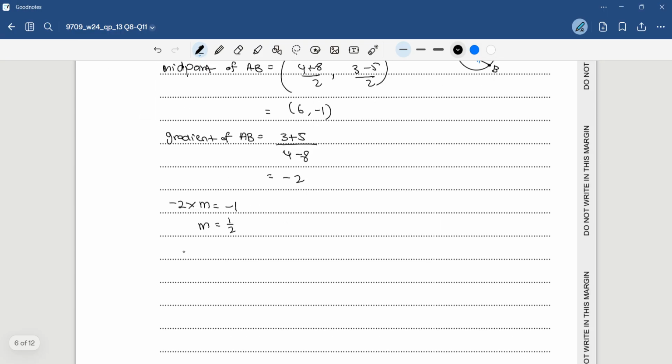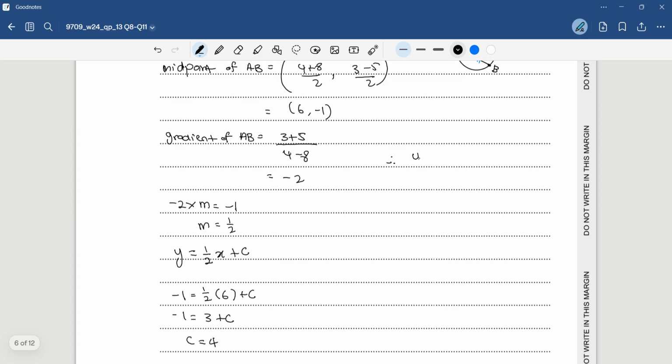So y equal to 1/2 x + c. We use (6, −1) to find the c. So when y equal to negative 1, x equal to 6, so negative 1 equal to 3 + c. So c equivalent to negative 4.